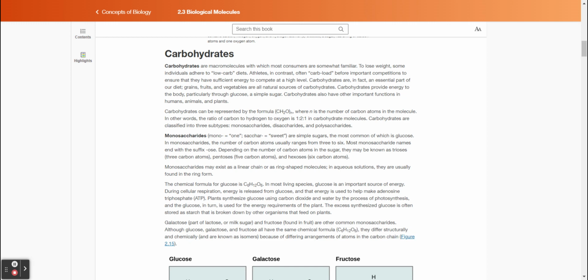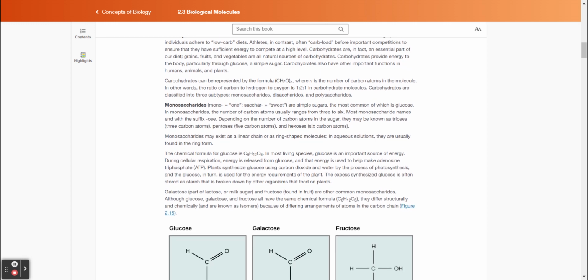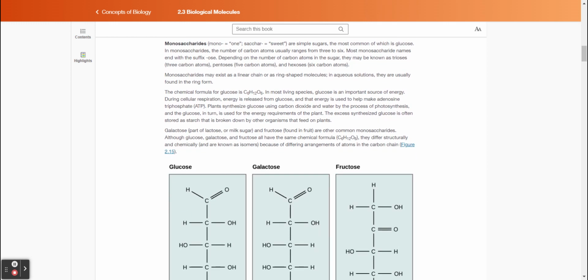Monosaccharides, mono meaning 1 and saccharine meaning sweet, are simple sugars, the most common of which is glucose. In monosaccharides, the number of carbon atoms usually ranges from 3 to 6. Most monosaccharide names end with the suffix -ose.